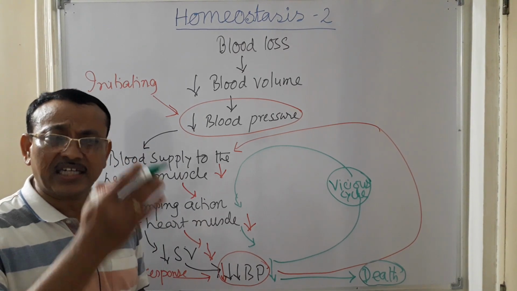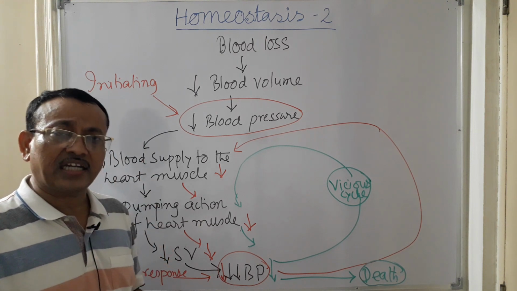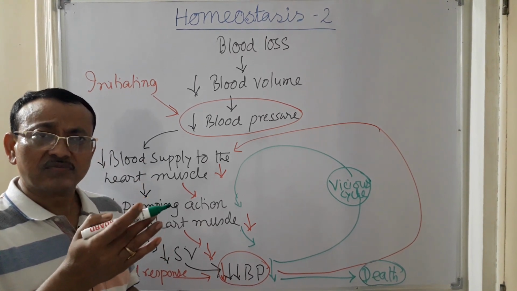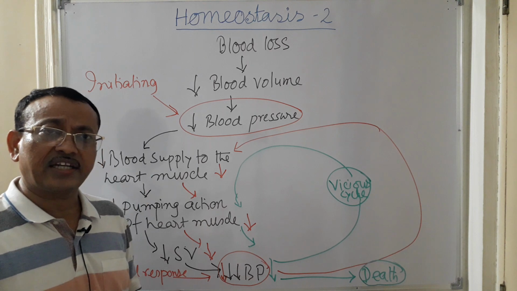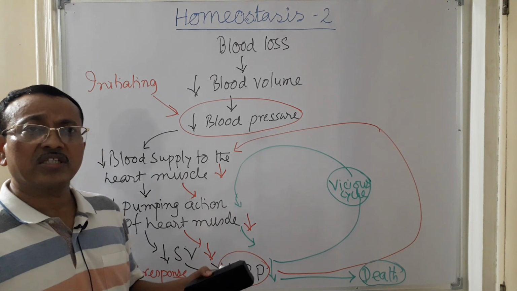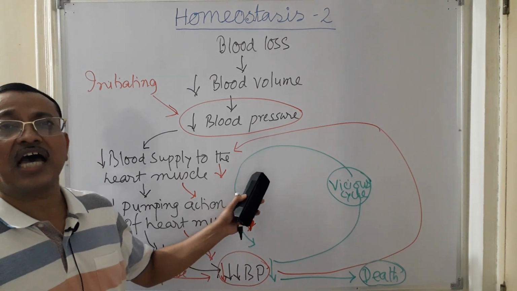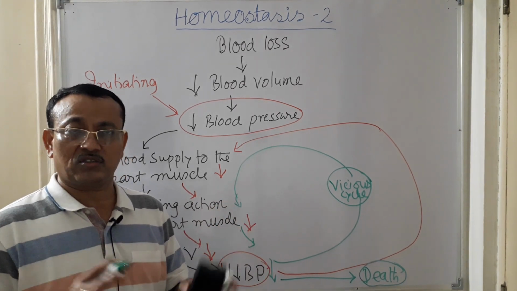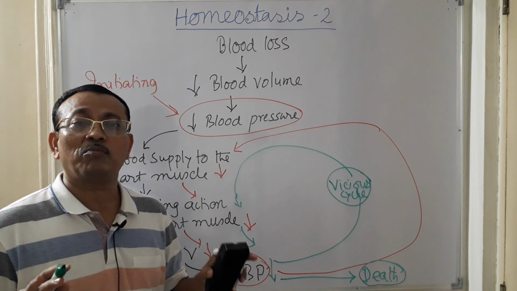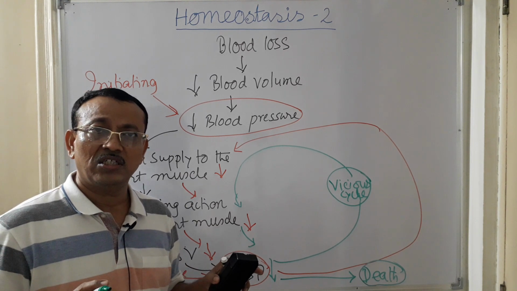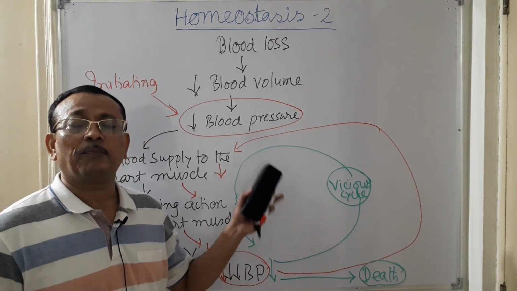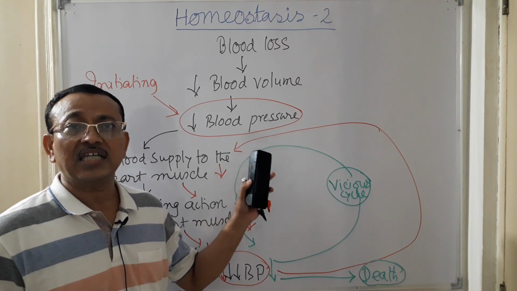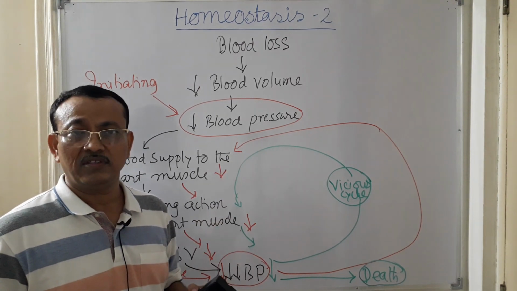It is not getting corrected, it is not counteracted to maintain the homeostasis. This cycle can be termed as the harmful mechanism for the normal functioning of the body. So it appears that positive feedback cycle is harmful to our body.